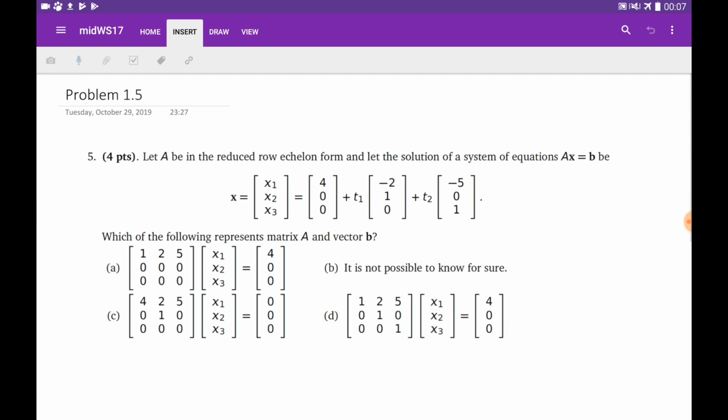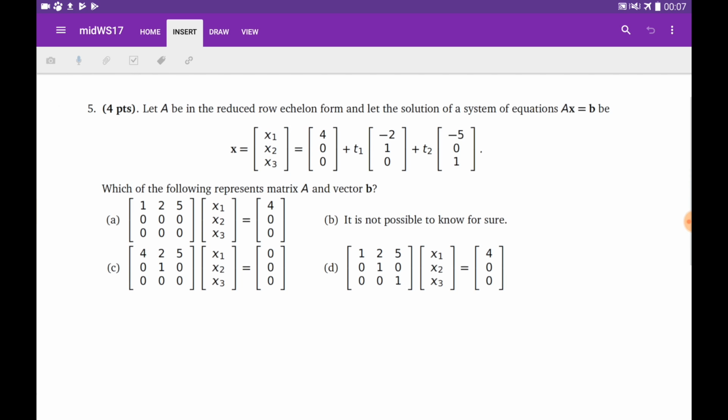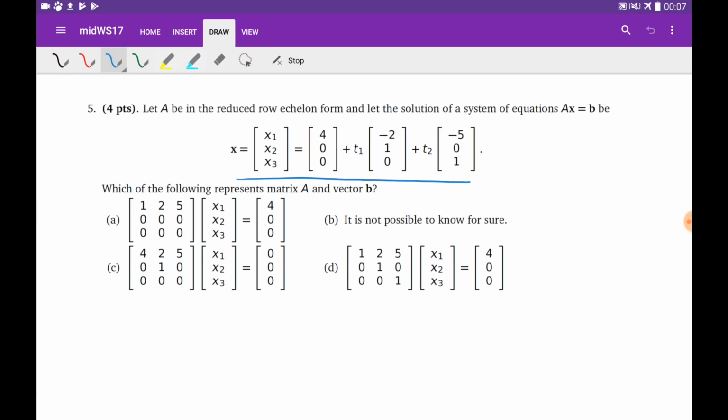In problem number 5, we need to look at the complete solution of a system of linear equations and figure out what the system of linear equations is. The complete solution of the system of linear equations can be written as the particular solution plus the span of the special solutions, so basically t1 multiplied by the first special solution and t2 multiplied by the second special solution.